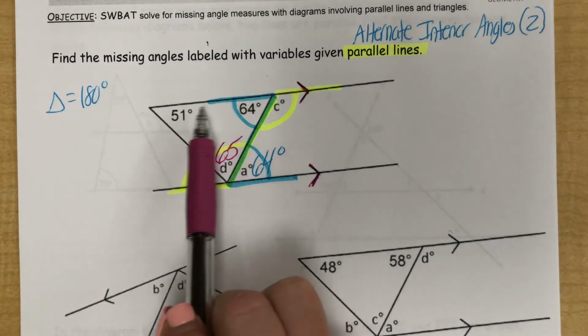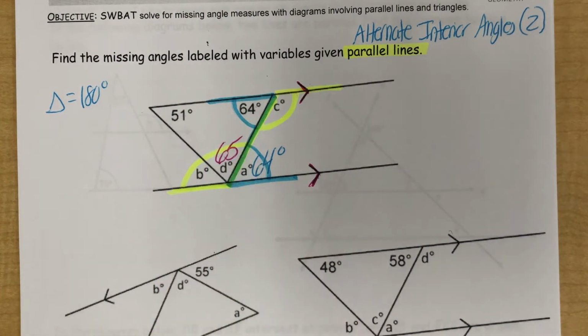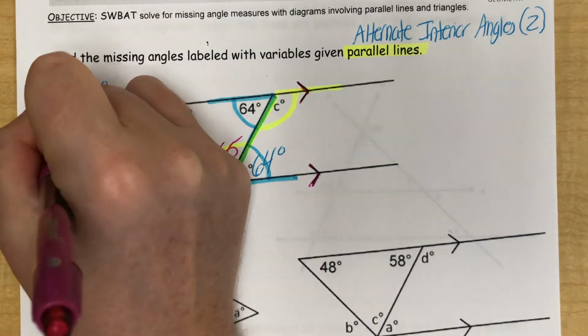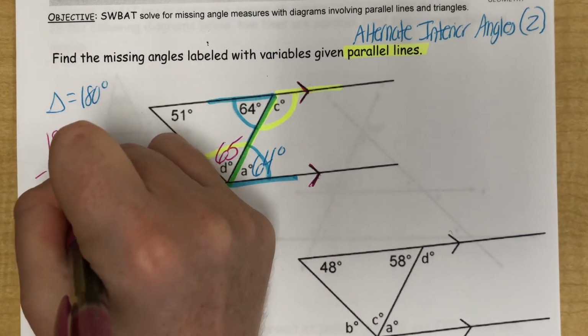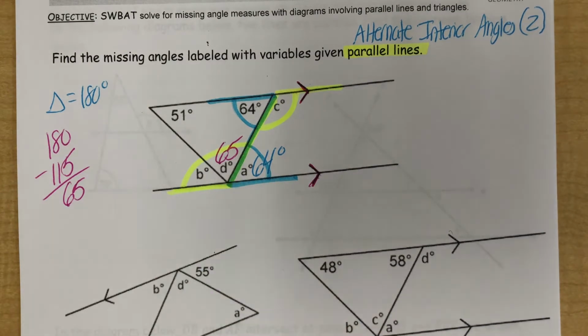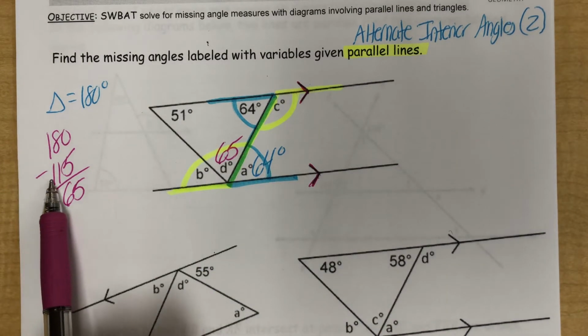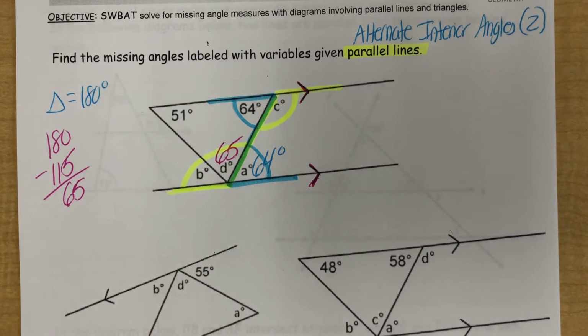When I add 51 and 64 together, you get 115. So 180 minus 115 is 65, and that's how I'm getting 65 on the side. Make sure that you're always showing your work if you have to.